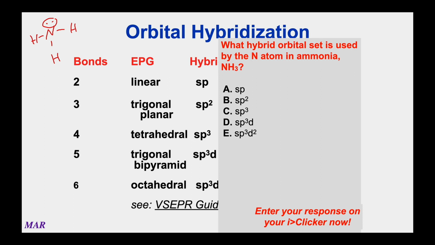That's like 4 clouds on the geometry and polarity guide. 4 clouds with 1 lone pair means that the electron pair geometry is tetrahedral, and the molecular geometry is trigonal pyramid. We don't really need the trigonal pyramid here. We just need the tetrahedral part. And anytime you have something tetrahedral, like NH3, it's going to be sp3 hybridized. So we would say the nitrogen is sp3 hybridized in this case.